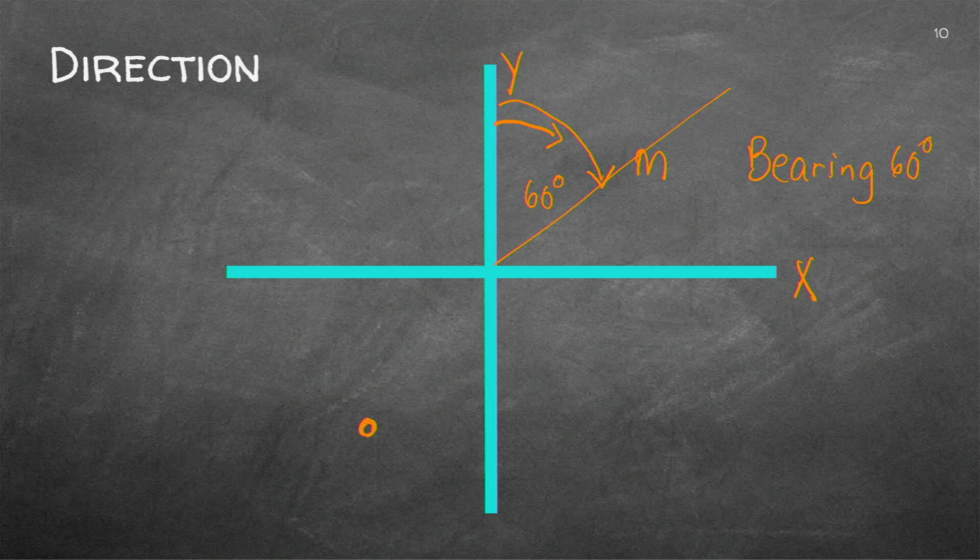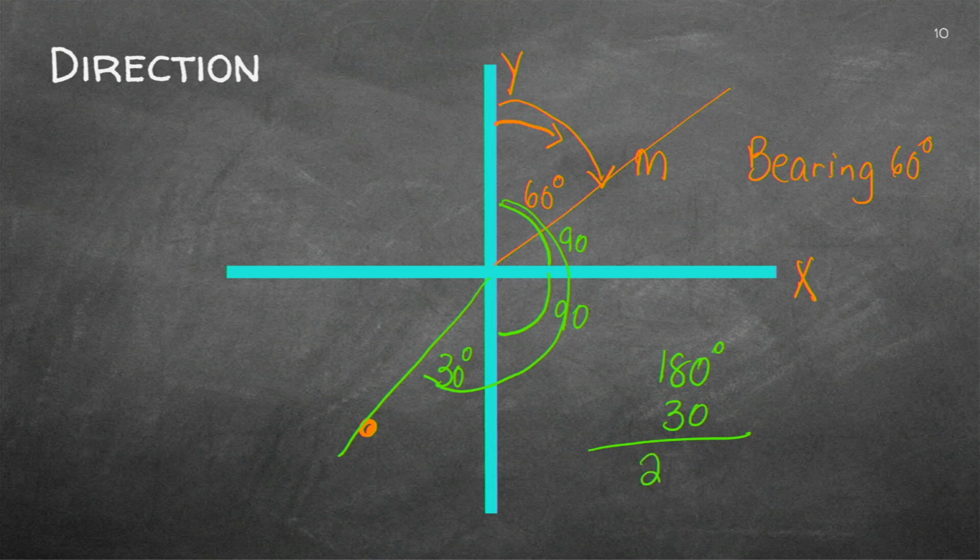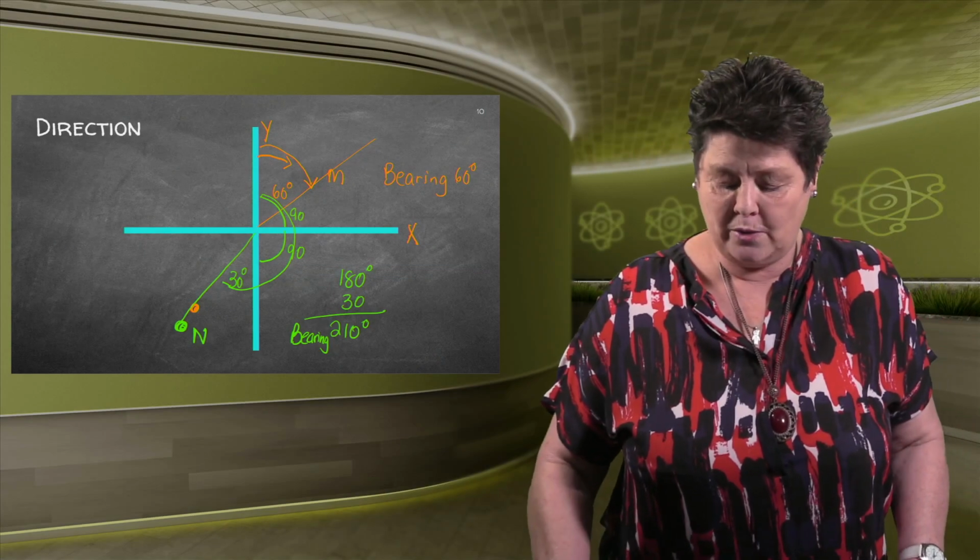If I've got a point there, I would again start there, and you will then measure that 90 plus another 90, so that will give me 180 degrees, and let's say I added 30 there. So I've got a bearing of 180 plus my 30, so the bearing will be 210 degrees. That will clearly say to me, I've got point N, and that has got a bearing of 210 degrees. So it's important that we know from where we start.